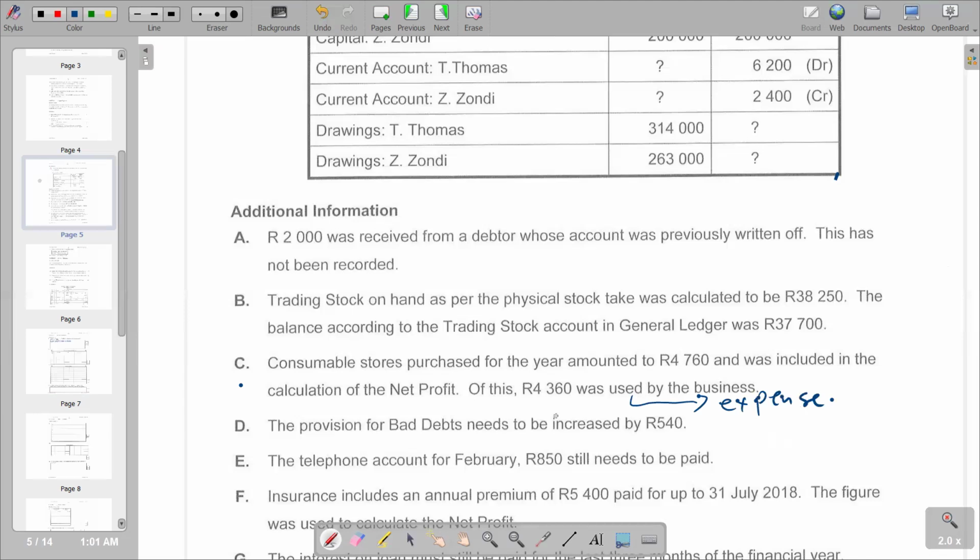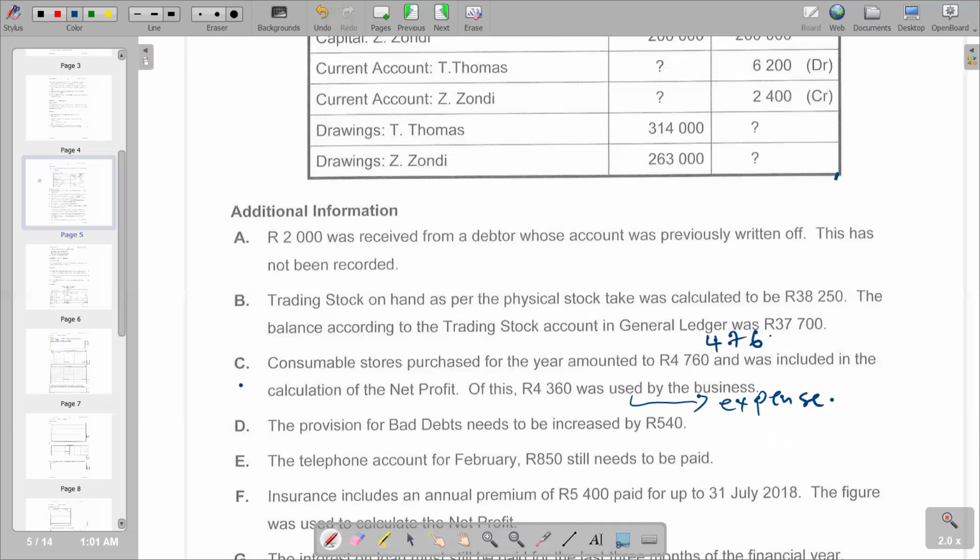This was the figure that was supposed to be charged in the income statement as consumable stores expense. But what was charged was 4,760. As it says, it was included in the calculation of net profit. We know that if it's an expense, it reduces the figure for net profit. So the figure that we used to reduce the net profit was greater than the actual figure. So we needed to remove the excess that we reduced. By removing it, we add it back.